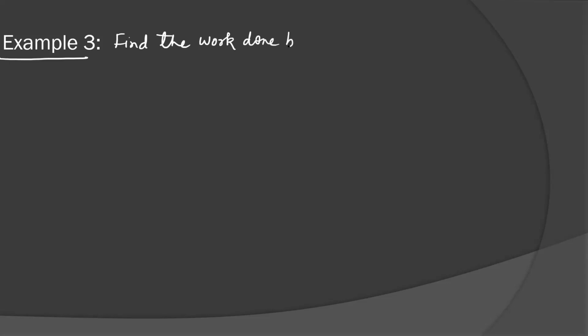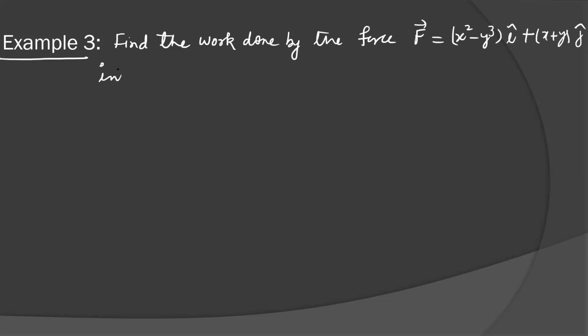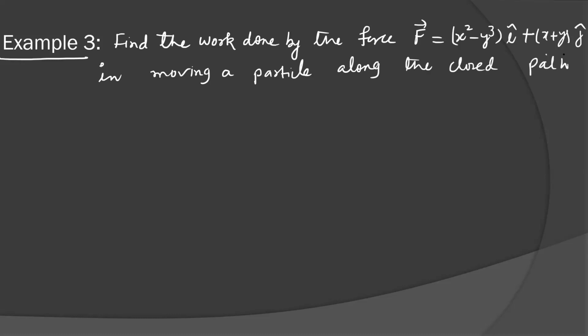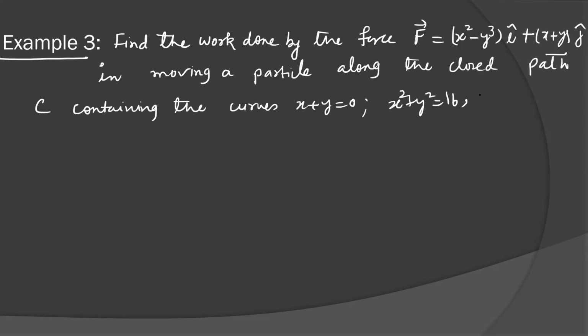Find the work done by the force vector F equal to (x square minus y cube) i plus (x plus y) j, in the xy plane, in moving a particle along the closed path C containing the curves x plus y equal to 0, x square plus y square equal to 16, y equal to x, in the first and fourth quadrant.